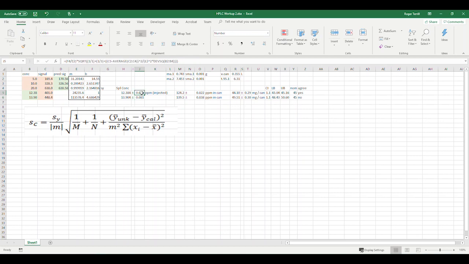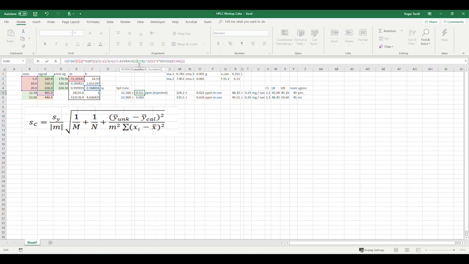Now, one thing that's missing in this iteration is that these guys should have F4, if I don't want them to move when I pull the formula down. C5, I do want that one to move.